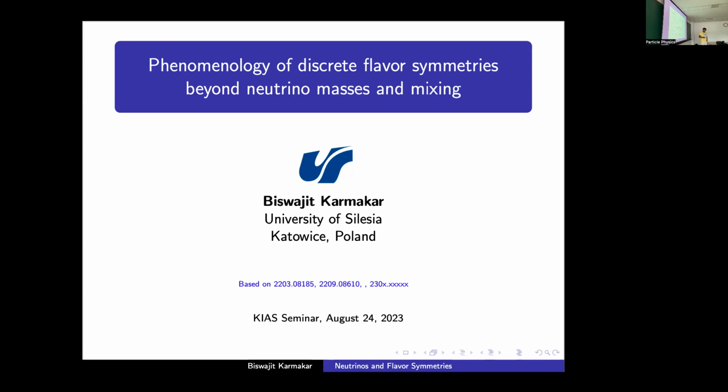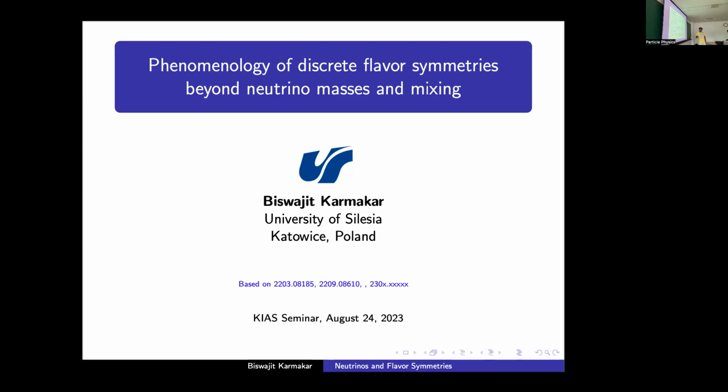So we all know that neutrinos have masses and they mix. And this mixing can be parameterized in terms of this mixing matrix, which is basically a combination of three Euler rotations, which involves three mixing angles and one phase, which is called the Dirac phase.